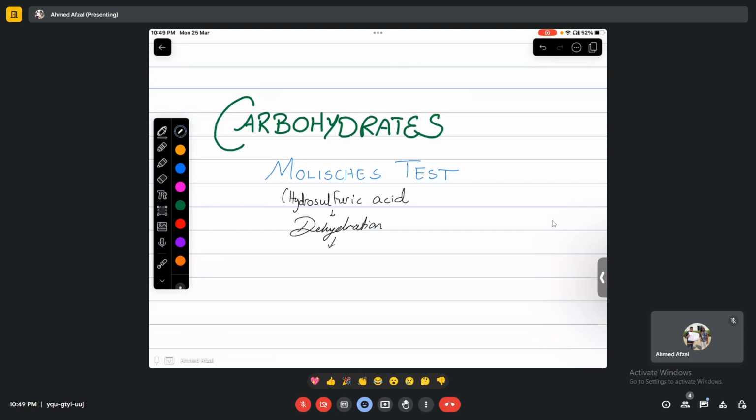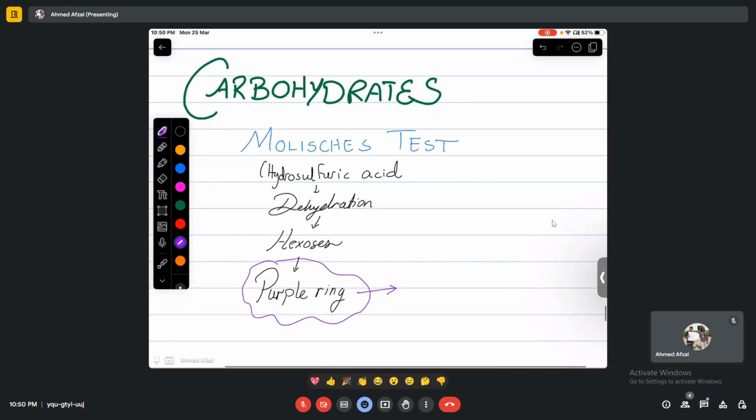The result is that the excess acid gathers at the bottom of the test tube and leaves a purple ring on top of the fluid. The presence of that purple ring is an indication that some type of carbohydrates are present in that solution. So, important thing to remember: what does Molisch's test for? It tests for the presence of carbohydrates.